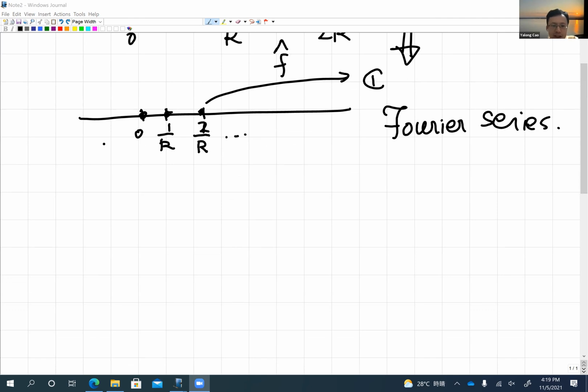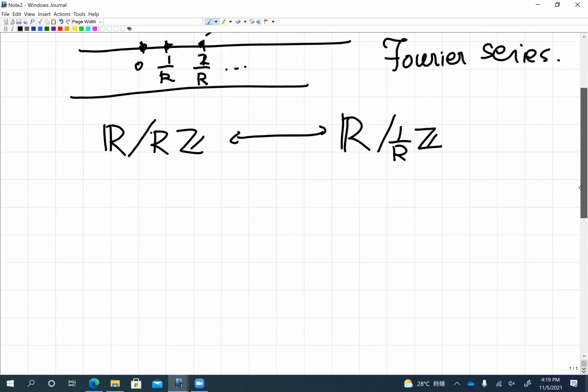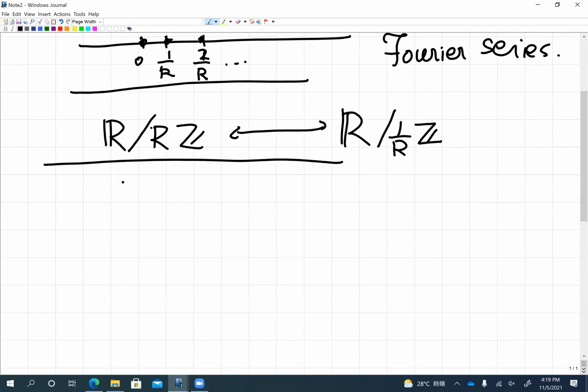Another way of thinking about duality is this: we are thinking about R over RZ versus R over 1 over RZ. What is this relation? You can think about a high dimensional setting, where you have a vector space V, which could be like Rn.